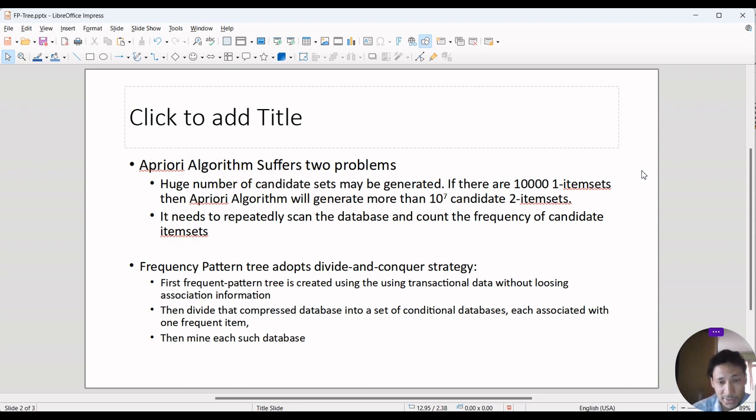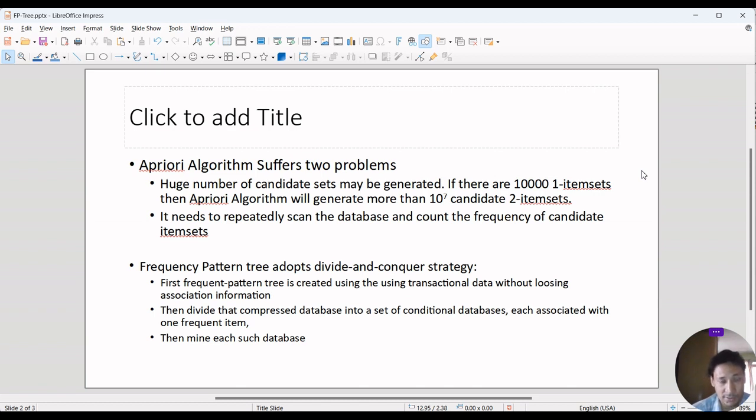It needs to repeatedly scan the database and count the frequency of candidate item sets. In Apriori algorithm, the original transactional database is queried frequently to know how many times the candidate item sets are repeating. So that is a very time consuming process.